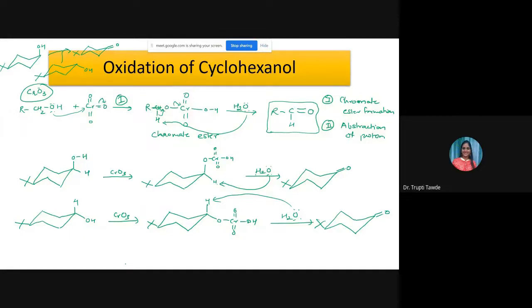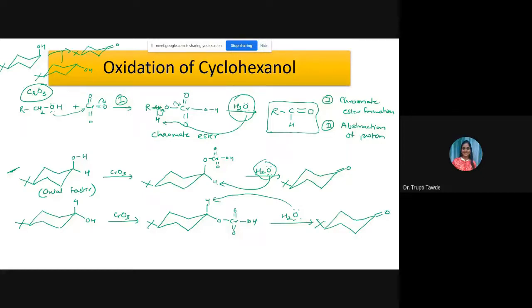Now in this case, it has been seen that axial alcohols are reacting faster. This is the regular result I got, that axial alcohols are reacting faster. Now let us discuss why the axial alcohols are reacting faster. Previously it was considered that the approach of water to abstract the proton is the rate determining step. Can you see where the water is approaching in the axial alcohol?